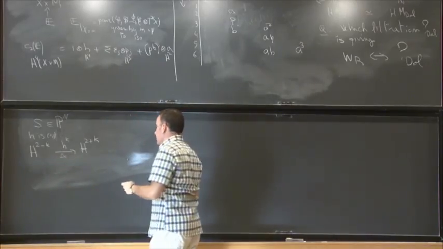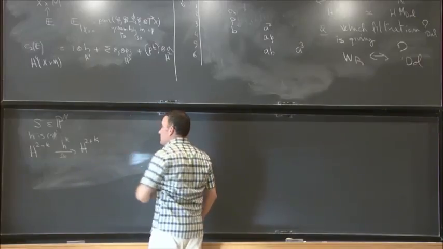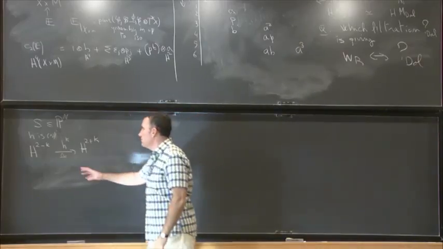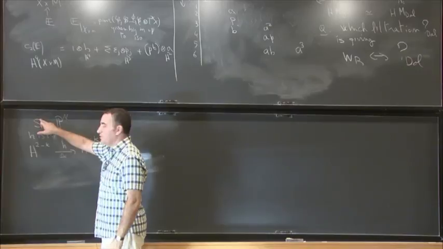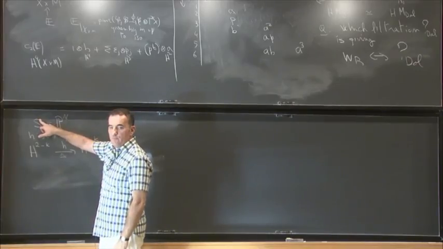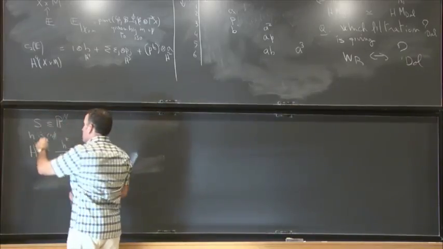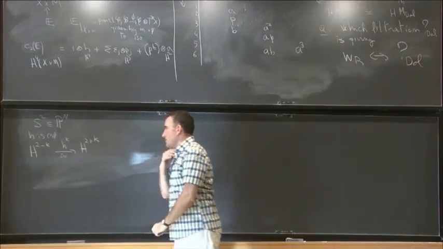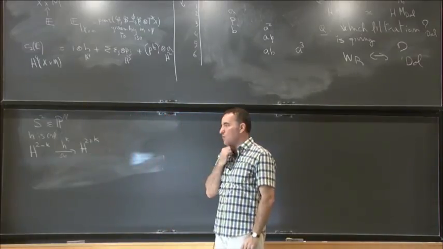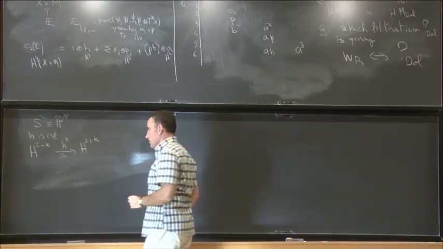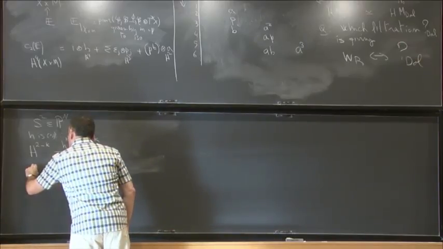How does it look? Two for the dimension of S. Oh, it's a surface. Yeah, sorry, I said it by two-dimensional. This is, of course, true in any dimension. Just I want to write down now how it looks. We have H0.